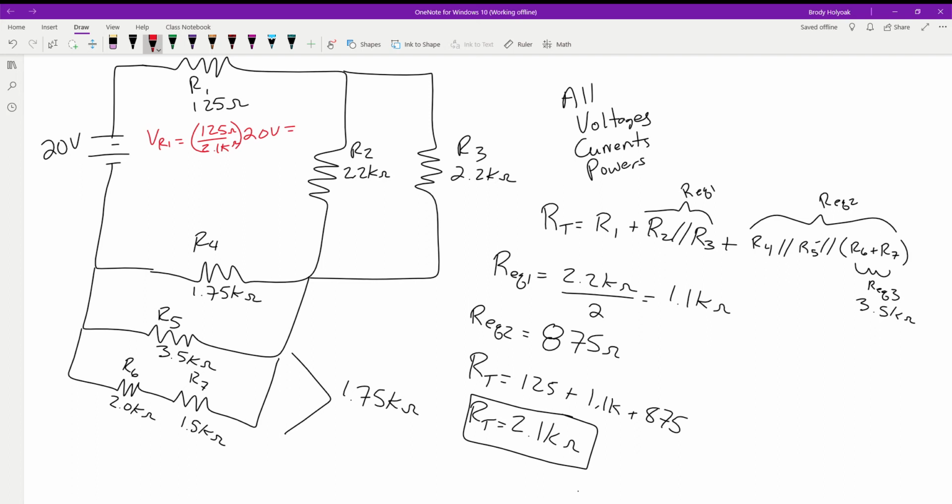So we take 125 divided by 2.1K, multiply that quantity by 20, and that's going to give us the voltage drop across this resistor, which is 1.19.